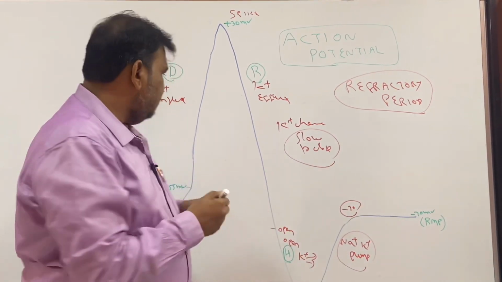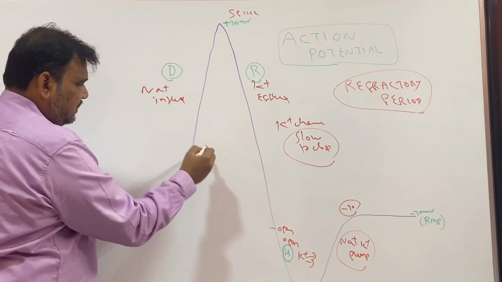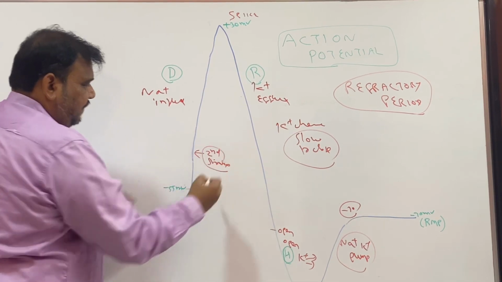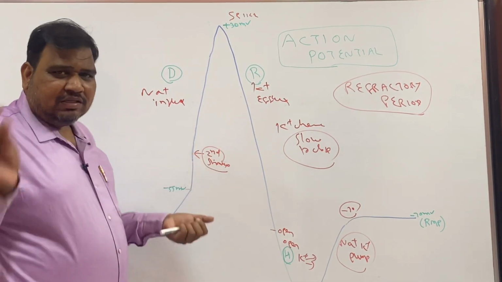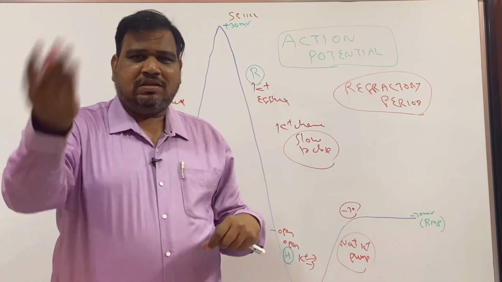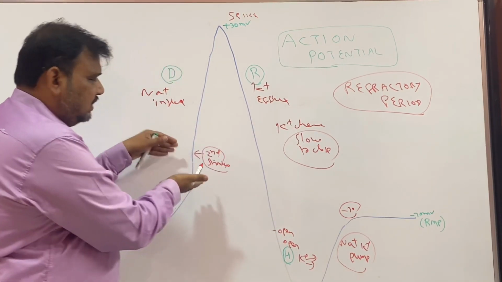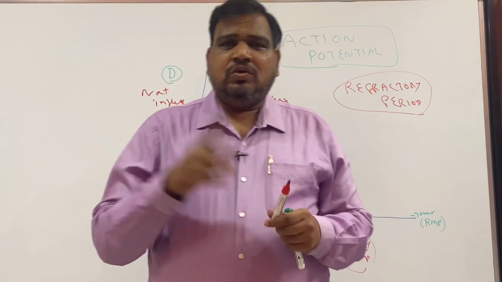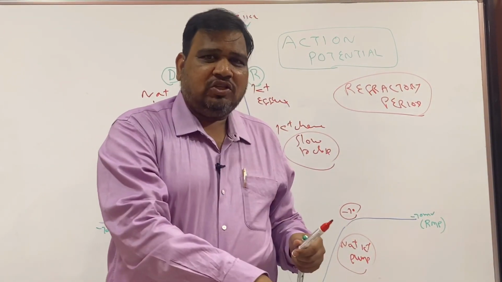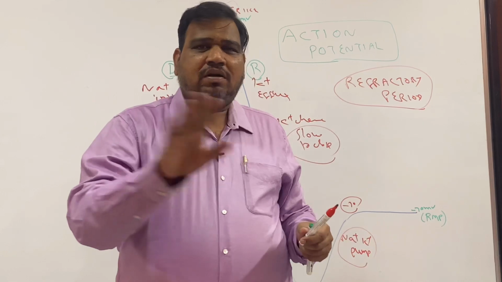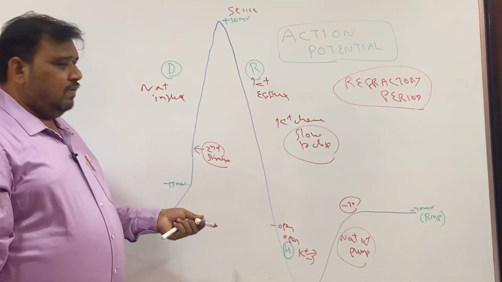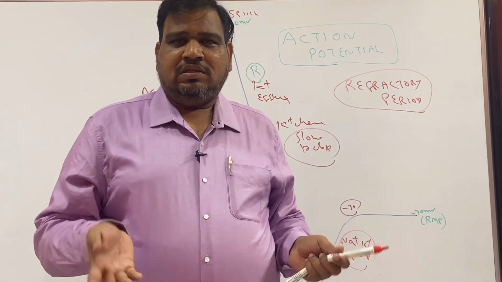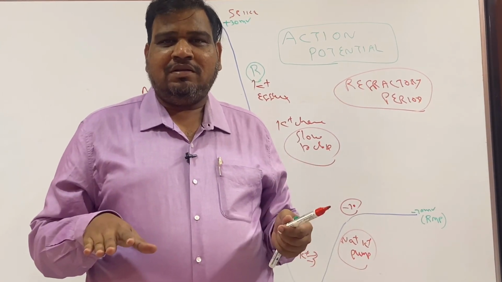For example, if I give a second stimulus here, and the second stimulus does not produce any extra action potential curve, that means this is the refractory period. The curve will not respond to any second stimulus. That is called the refractory period.